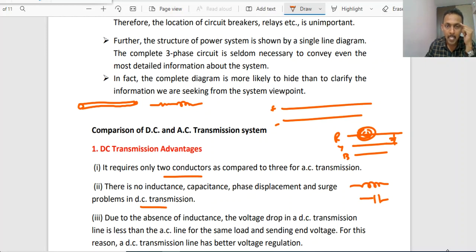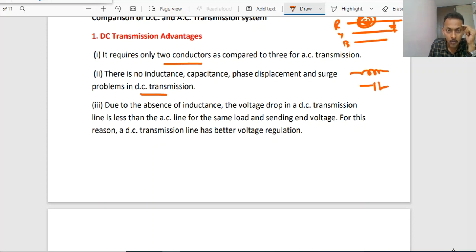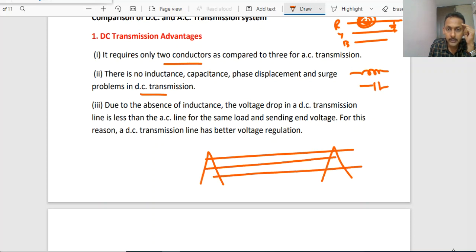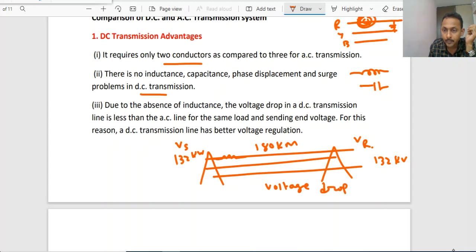And moreover, dear students, once a bulk amount of power is to be transmitted over long distances, for example if the distance is some 180 kilometers, and you are giving 132 kV as the sending end voltage, by the time it reaches the receiving end it should ideally be 132 kV. But practically, because of the resistance and reactance of the line, some voltage will be dropped. There will be a voltage drop in the line.